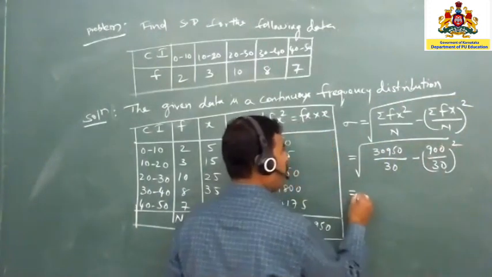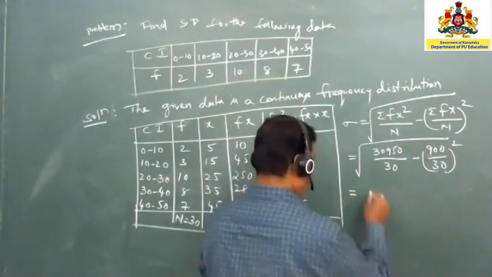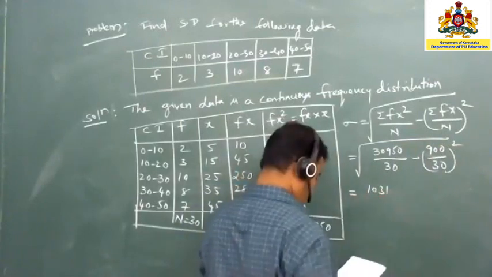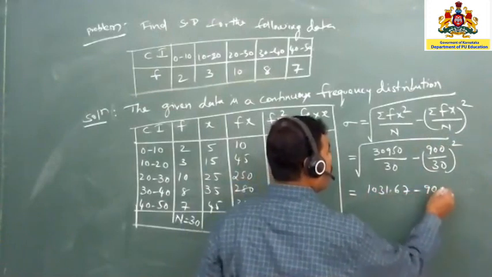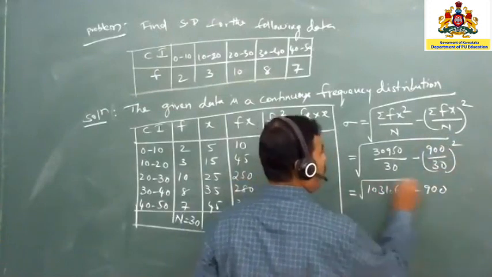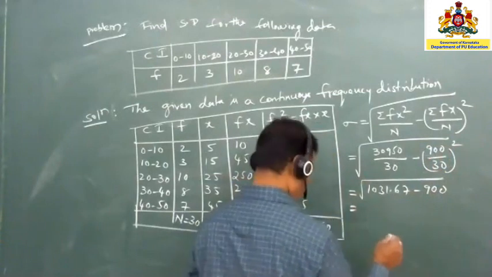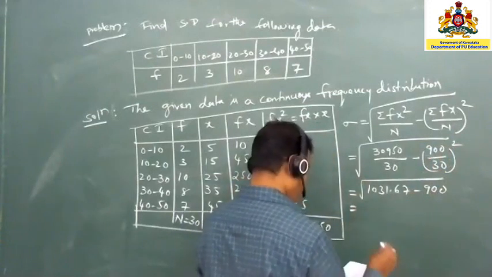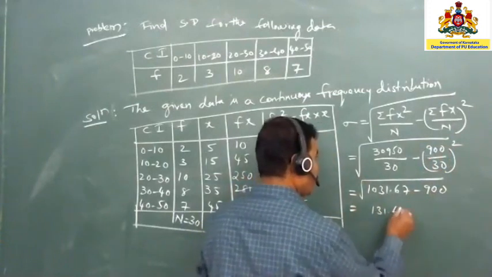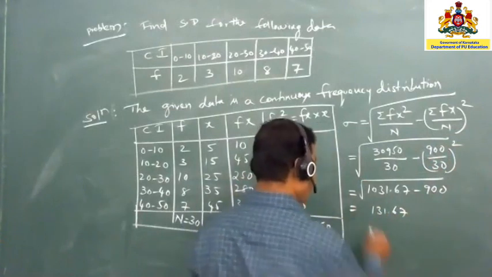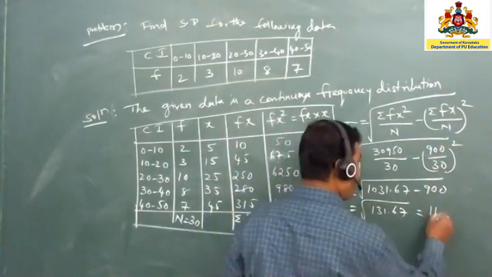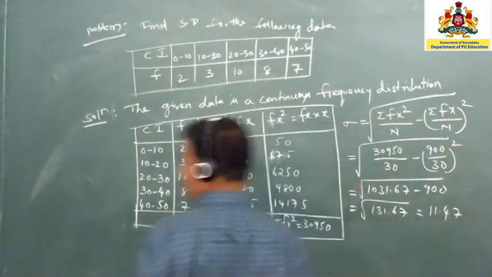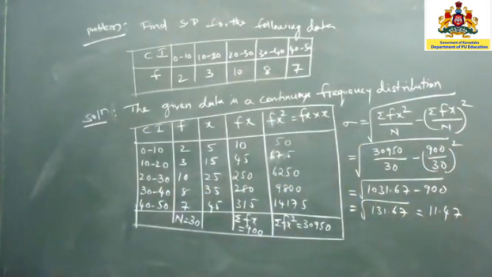That is 1031.67 minus 900, which is 131.67. Square root is the answer, 11.47.